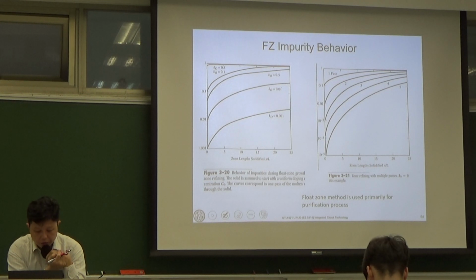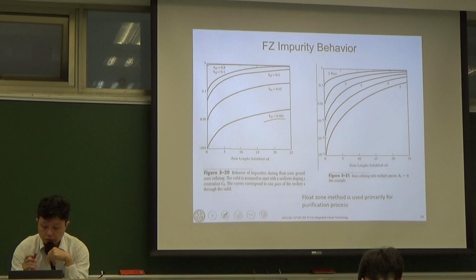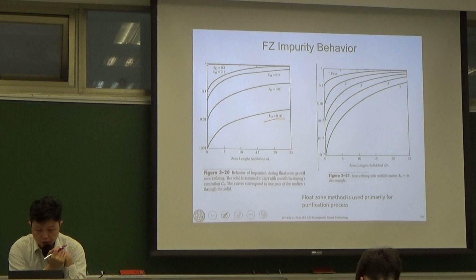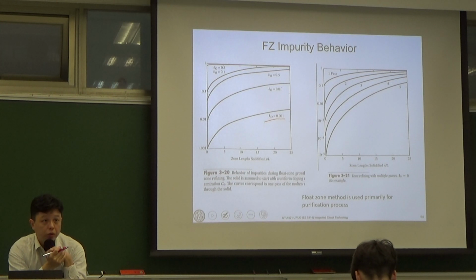Okay, so we can plot the figures, and there are two figures we showed here. On the left-hand side, you can see the effect of your segregation coefficient. If you have this number less than 1, it's very similar to the figures in the CZ model that we just introduced.